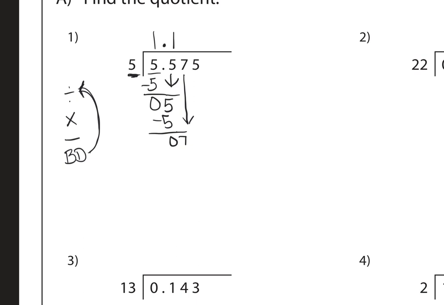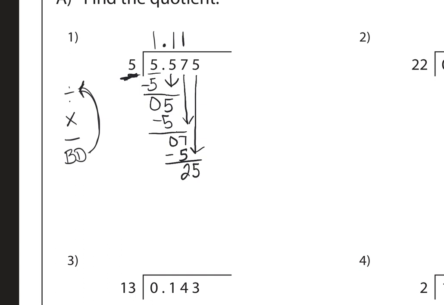Once I bring down, I begin again. I'm going to divide my 5 into that 7 down at the bottom. It goes 1 time. That 1 I just wrote up there times the 5 here is 5. Third step is to subtract. Fourth step is to bring down. Please draw those arrows.